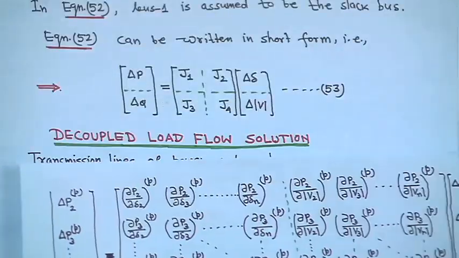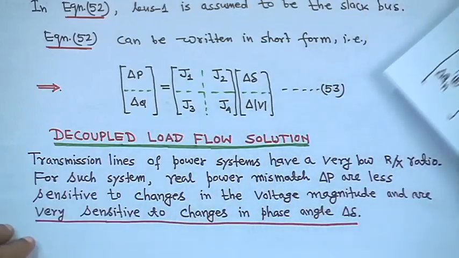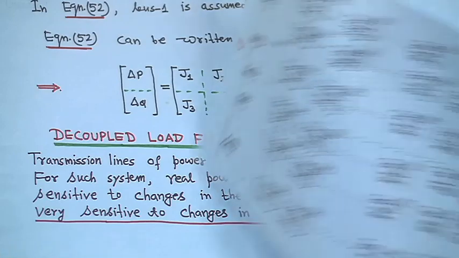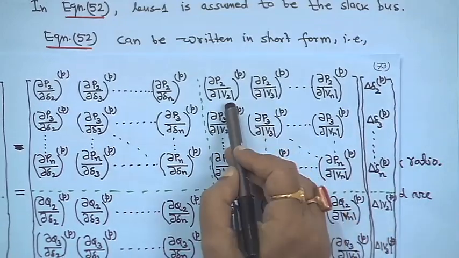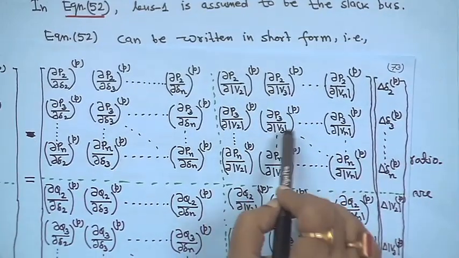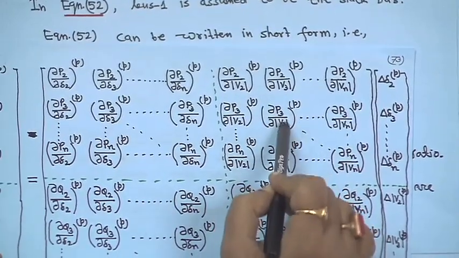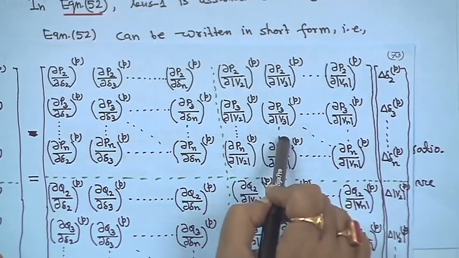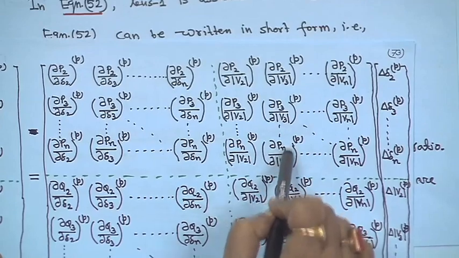Now, generally what happens in a transmission line power system, they have a very low R by X ratio, because R is less and reactance is high, right. So, for such a system, real power mismatch delta P is less sensitive to changes in the voltage magnitude. That means, if you take the derivative of delta P with respect to delta V, these changes in real power are not very voltage sensitive, right.